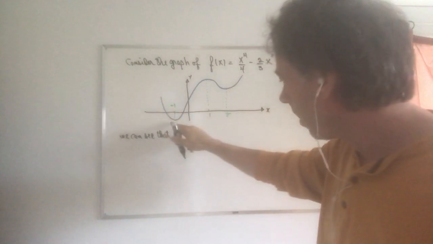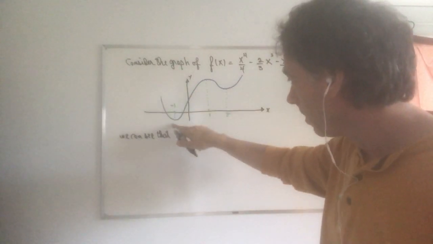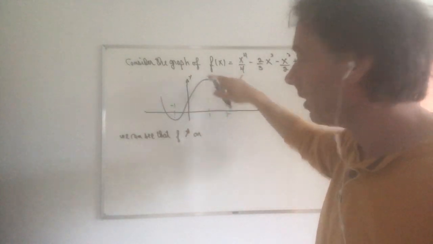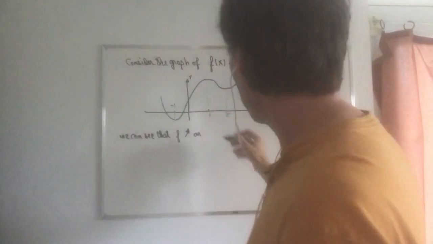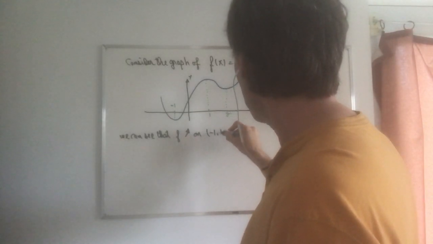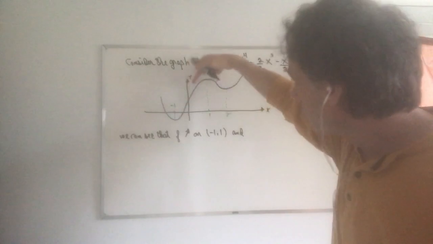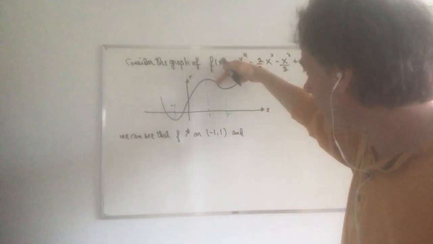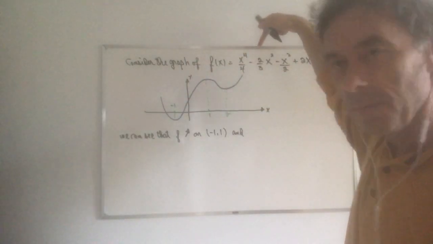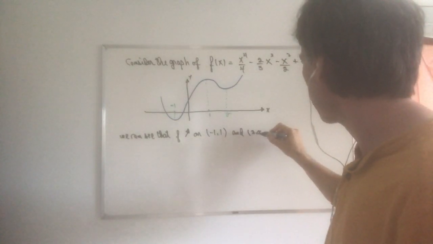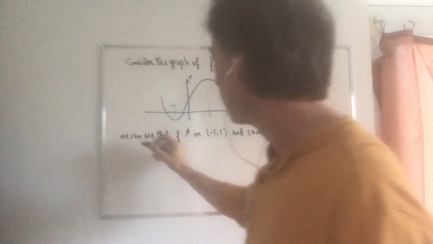From -∞ to -1, clearly the graph goes down. But after -1, it reaches a low point and it goes up again until 1, right? So I'm going to say from -1 to 1. What else? So -1 to 1 it goes up, 1 to 2 it goes down, and then it goes back up at 2 to infinity. So we could say this, 2 to infinity.